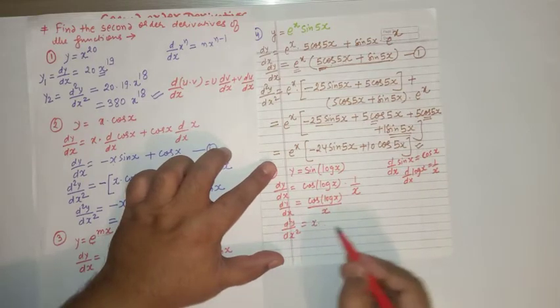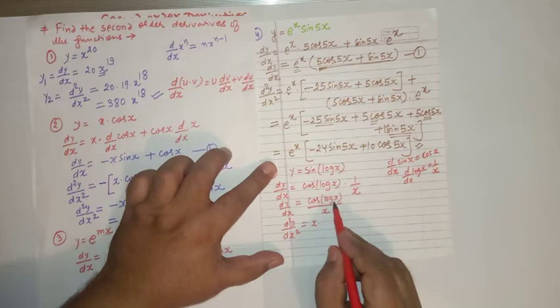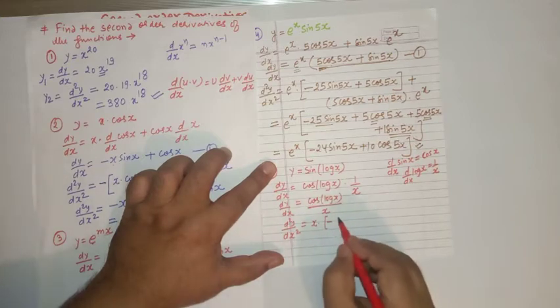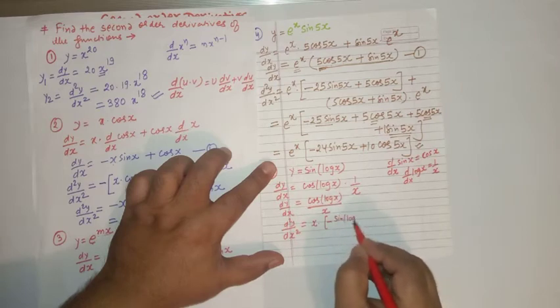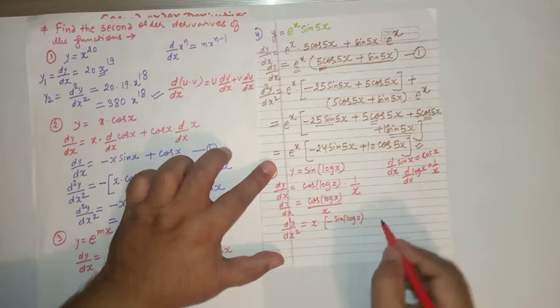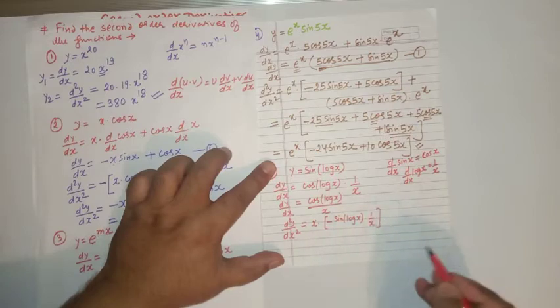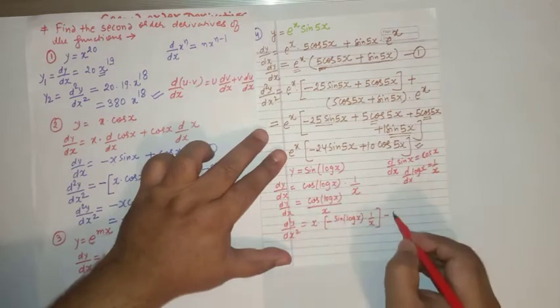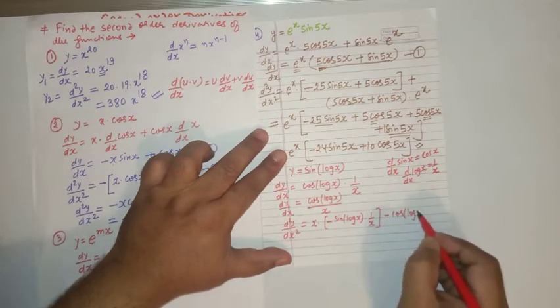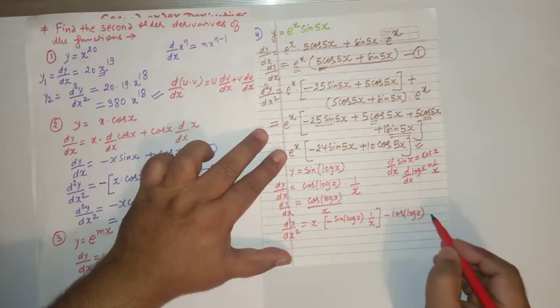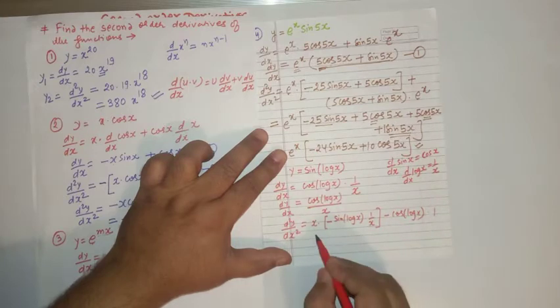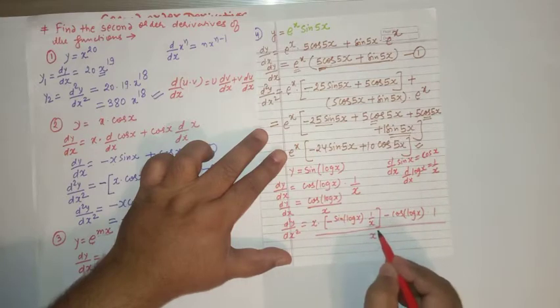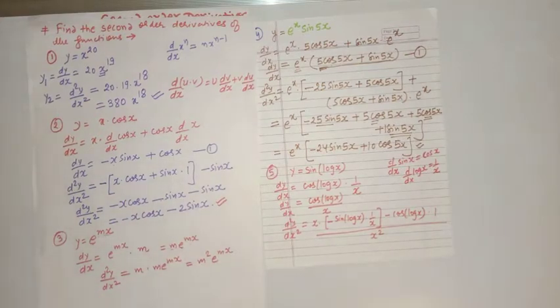So here we have x, derivative of cos log x is minus sine log x, and then the derivative of log x is 1 over x. Then we have minus, and we have cos of log x, and derivative of x is 1, and divided by x square, right?